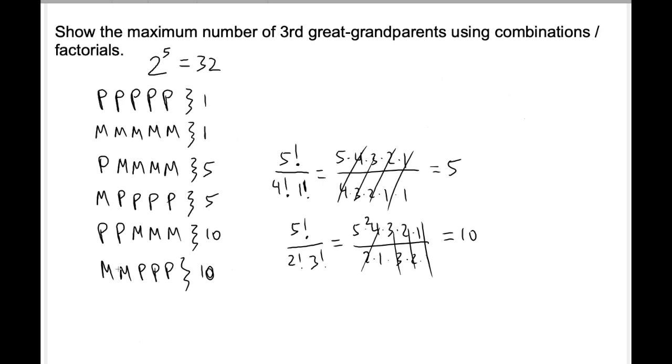Now notice that you can't go further than this, because if you include 3 P's and the rest being M's, you're going to repeat, because 3 P's and 2 M's would be overcounted.